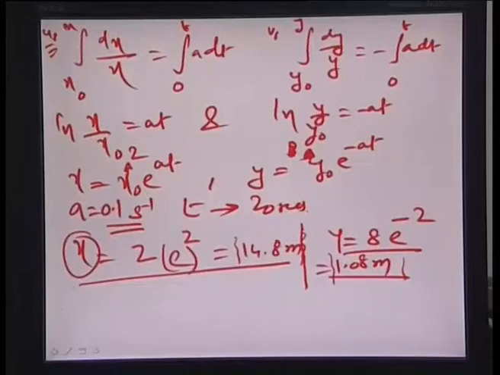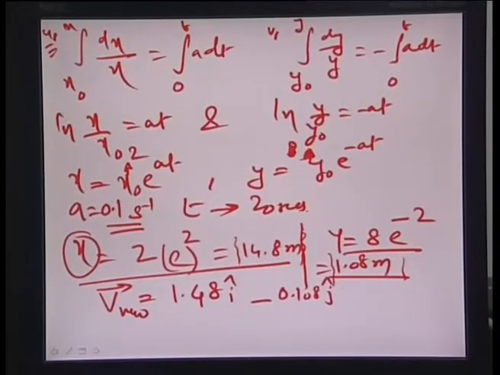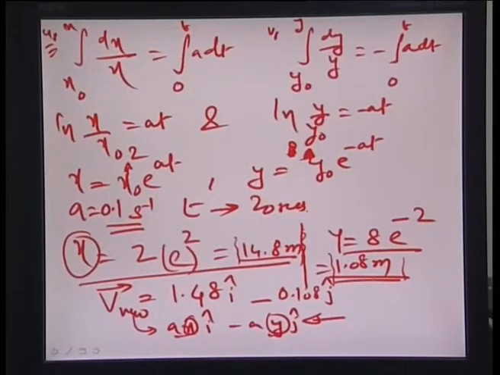So, therefore, the new velocity that the particle will possess in this instance, v new of the particle, is essentially 1.48 i cap minus 0.108 j cap. Mind you, the velocity relationship ax i cap minus ay j cap again holds true. The only difference here is that the x and y are the new values of x and y, which are 14.8 meters and 1.08 meters respectively. So, this again is in meters per second.